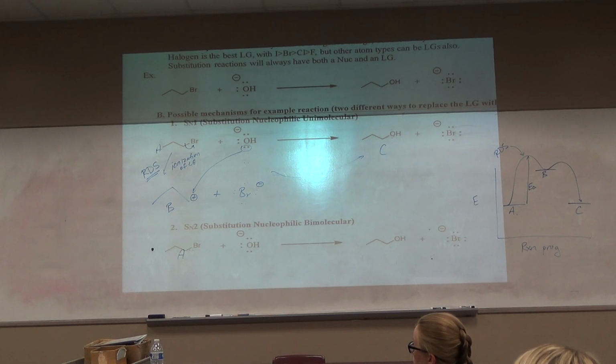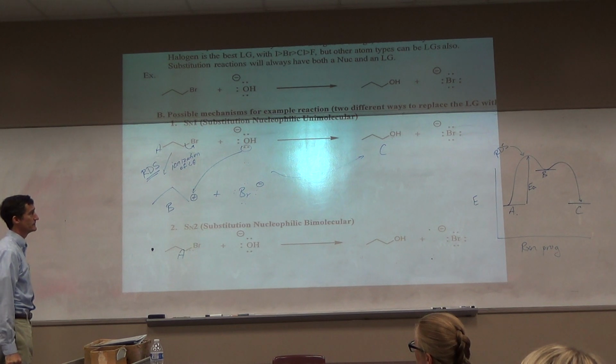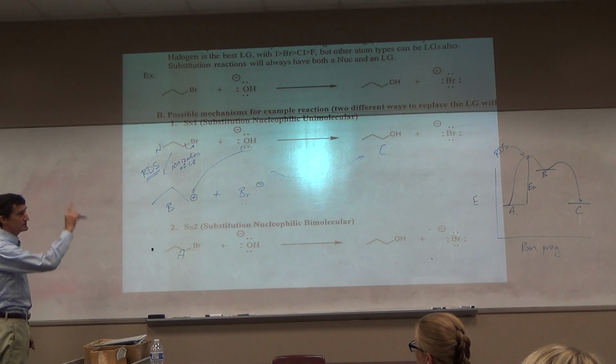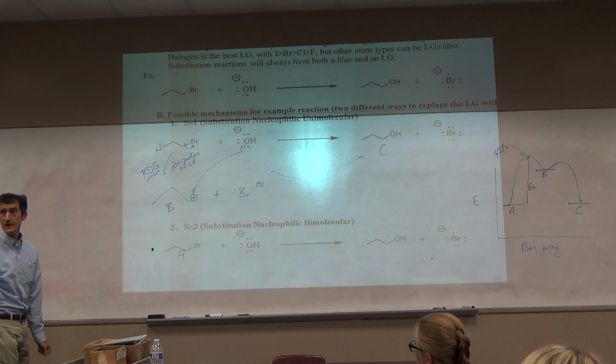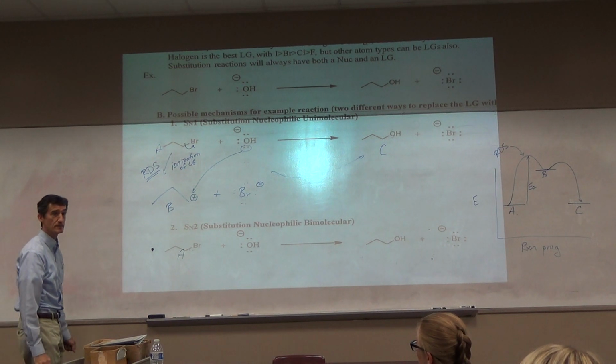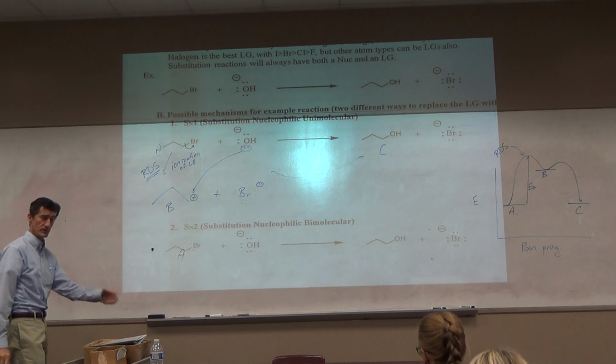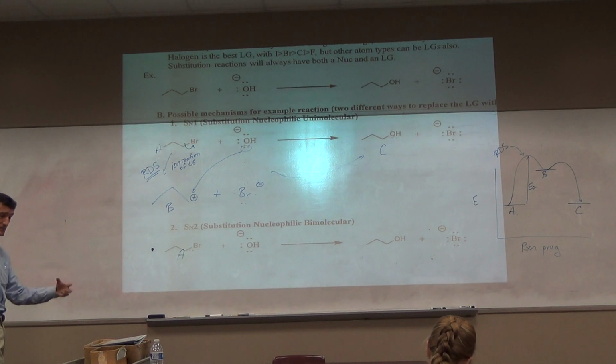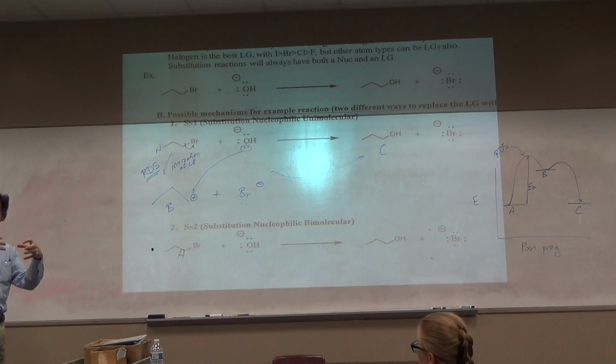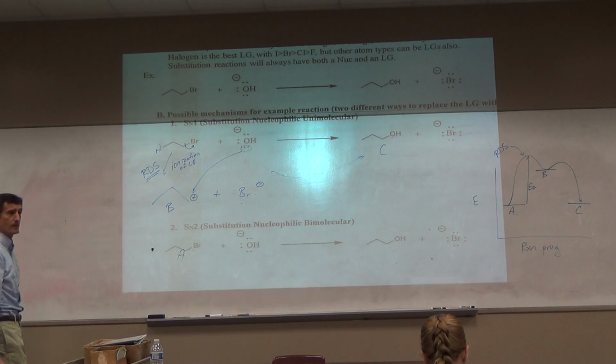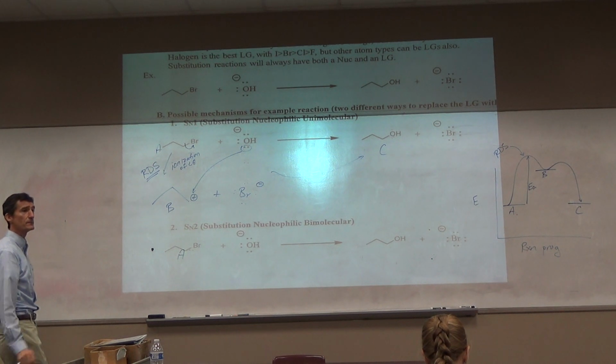So why would doubling or tripling or quadrupling the hydroxide do anything? It will not. That's why we need to understand what the rate determining step is. You're just wasting your hydroxide if you think you're going to make this reaction faster by using more hydroxide. I know in Gen Chem you learn that the more concentrated, the more likely for the two reactants to come together, things like that. Yeah, but it depends on the rate determining step.